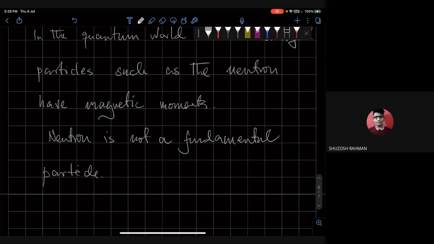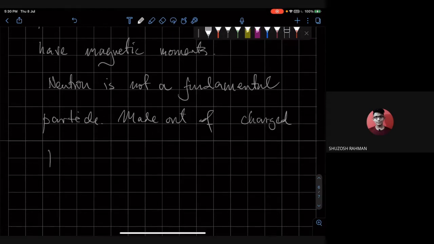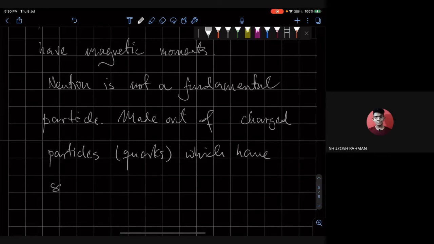It is made out of charged particles, called quarks, which have spin. That's why even particles such as neutrons have a magnetic moment.